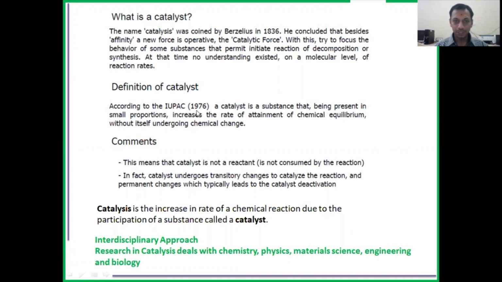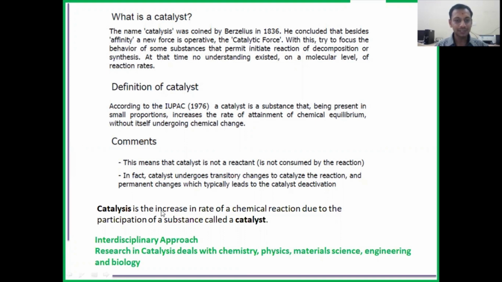According to the IUPAC, in 1976, a catalyst is a substance that, being present in small proportions, increases the rate of attainment of chemical equilibrium without itself undergoing chemical change. So you have to use it in a small proportion, and it cannot undergo any chemical change during its use or application.